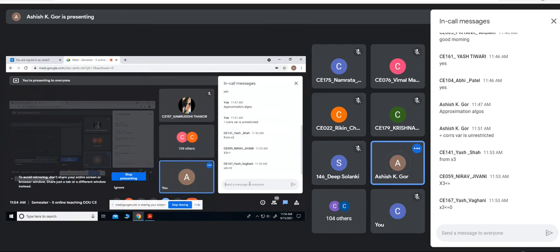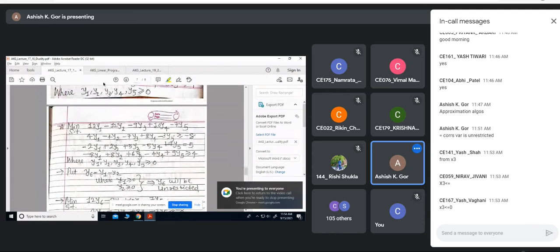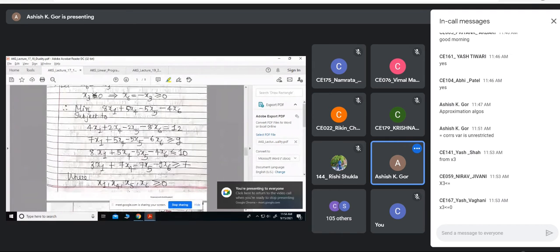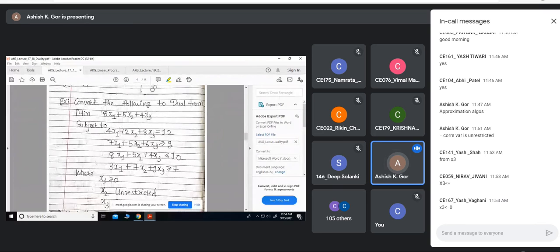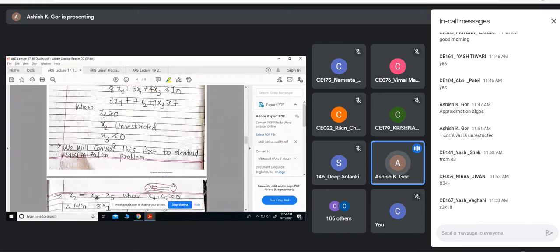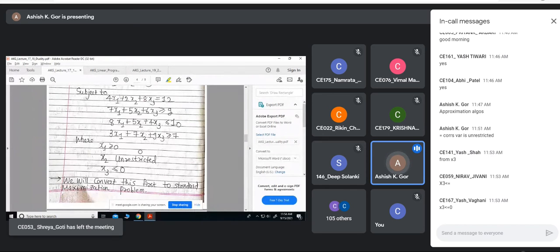Okay, so the same question, and how to convert it to dual. What we'll do is first take this x2.